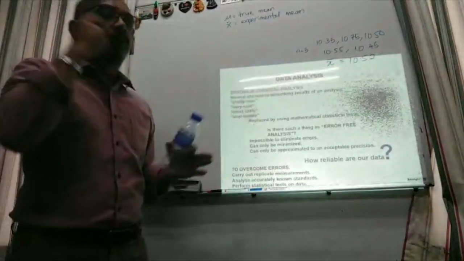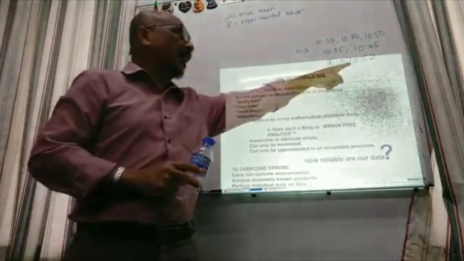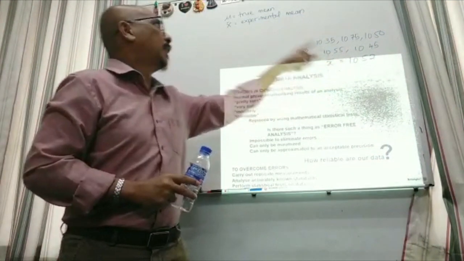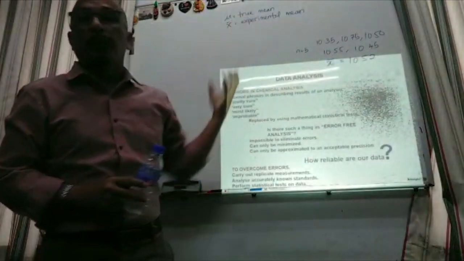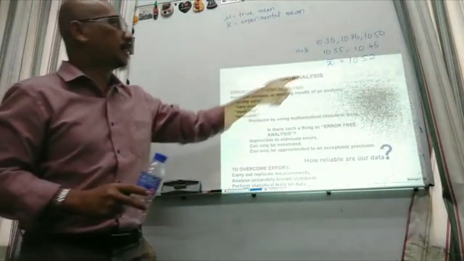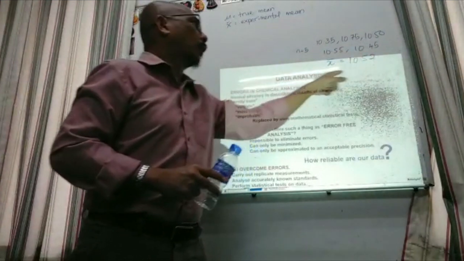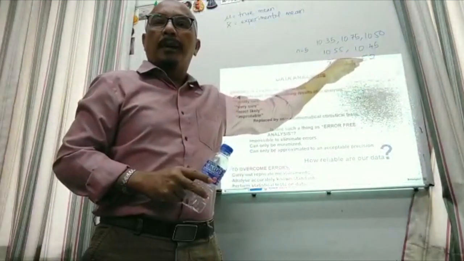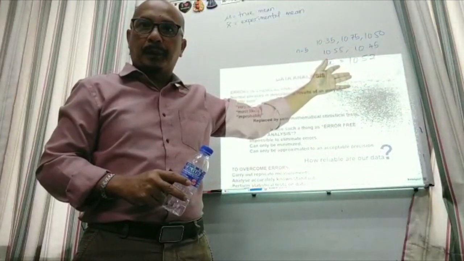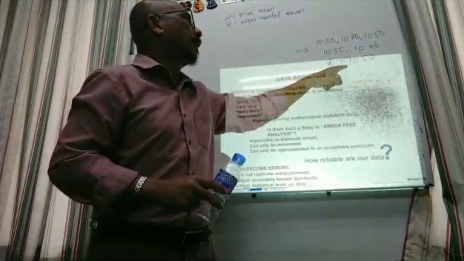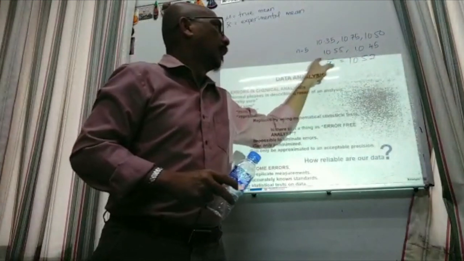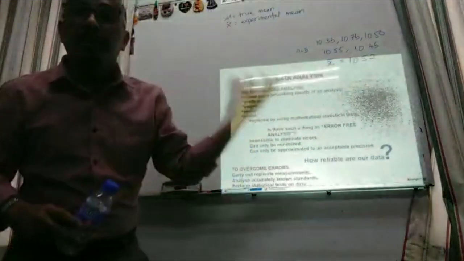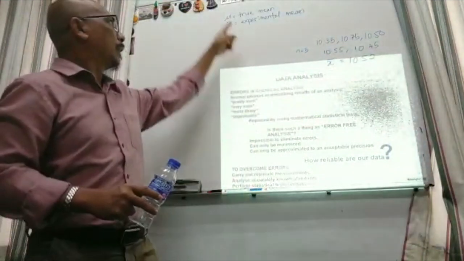But the question is, is the data here reliable or the same as the true mean? We don't know. We just know from our replicates that this is the data we get. But we have to try to confirm whether the experimental mean here is near or the same as the true mean.